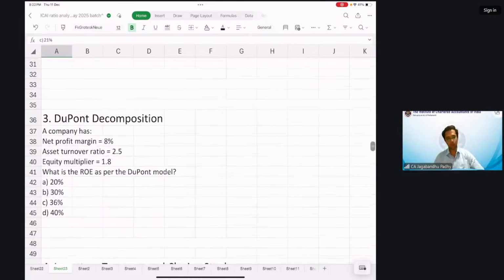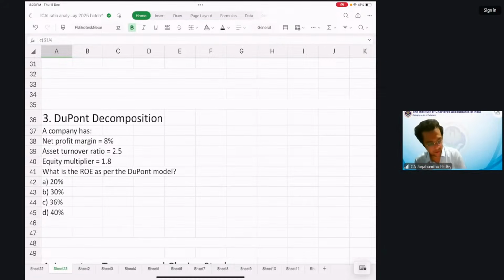Now, what about this? A company has a net profit margin of 8%, asset turnover ratio is 2.5, and equity multiplier is 1.8. So what is the return on equity as per the DuPont model?